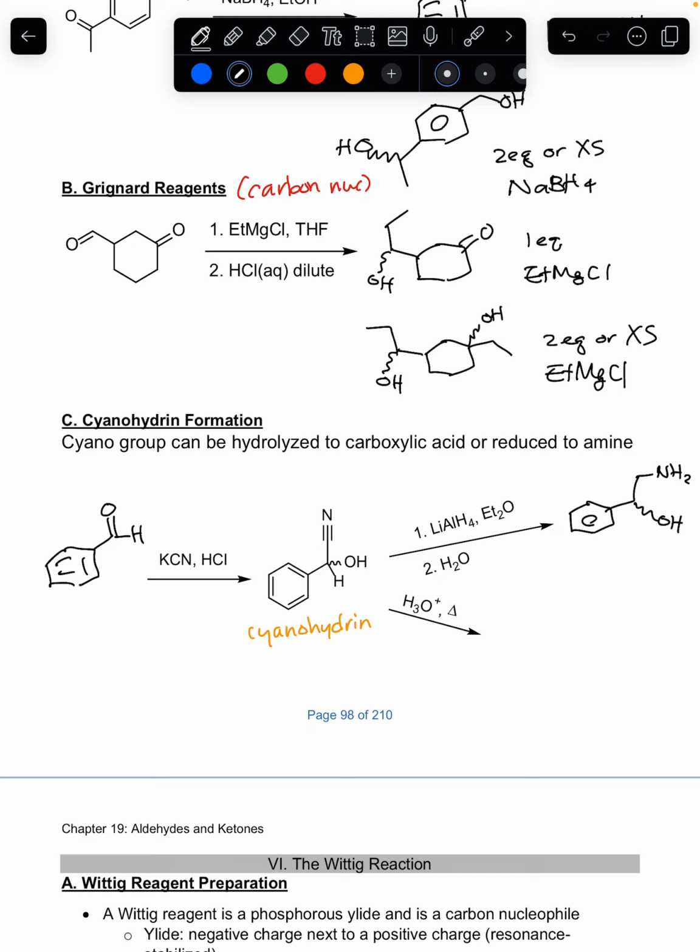If you reduce it, I want you to notice how this is that carbon right there. What if you do the hydrolysis, right? So this is reduction. This would be hydrolysis.